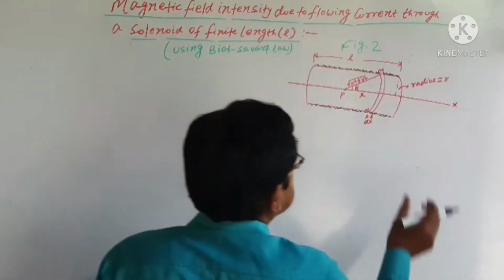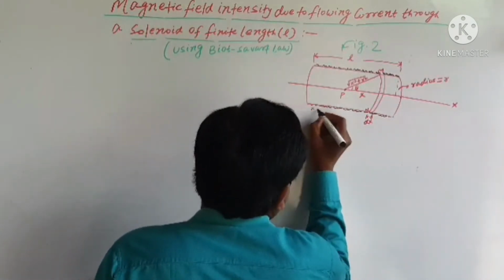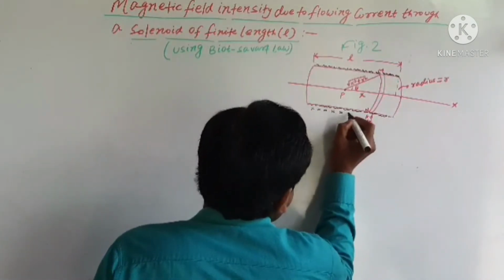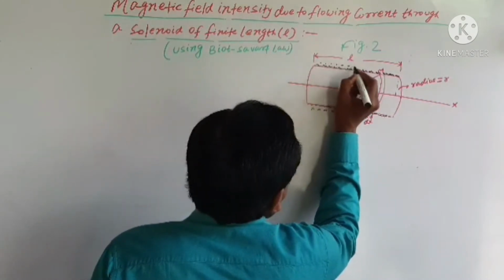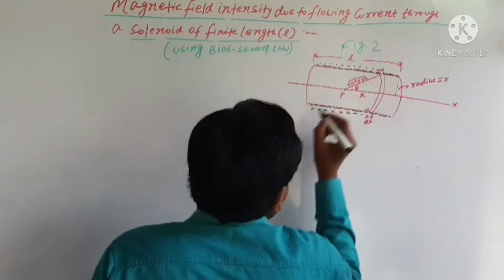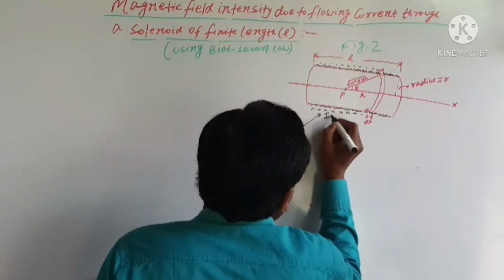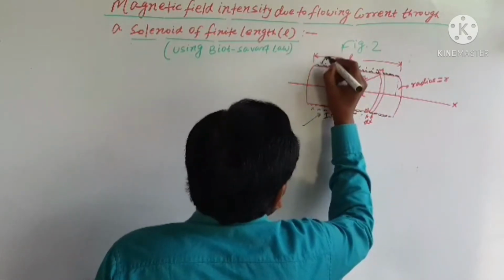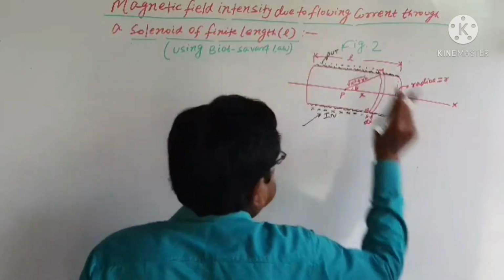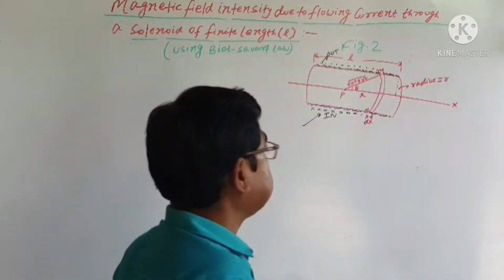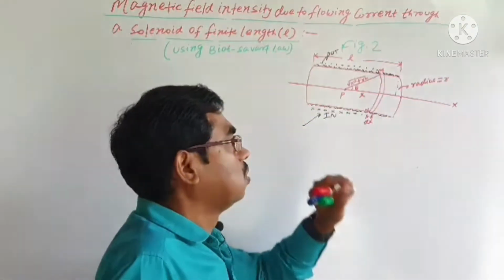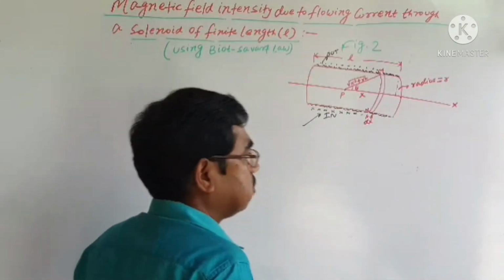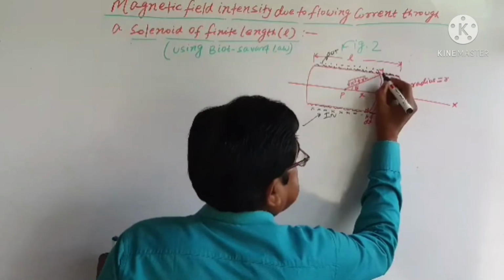Okay. Here this is in, this is out. Now, suppose we have to find out the magnetic field intensity at point P, and for this we consider an elementary part.